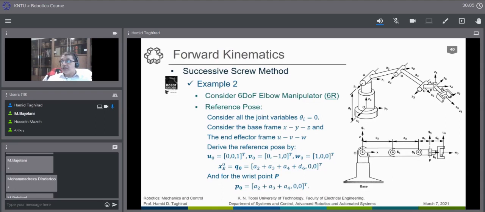If we consider the wrist point here, which we call P, the transformation is much easier. But if we consider the Q, the very last ending point of the end effector, then it is very easy to write the target position. As we see, we have the Z. We need also the orientation of the end effector.